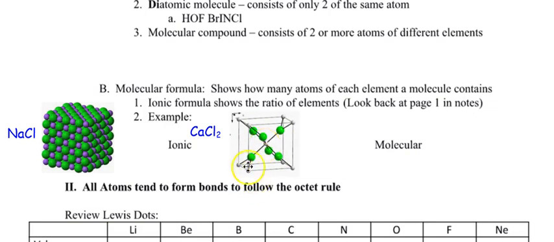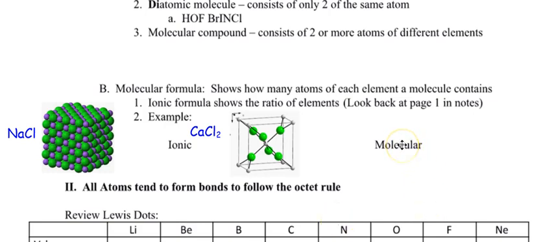So I have 2 here, 2 over here, 2 here, 2 down here, and 2 over here. So there are 2 chlorines for every 1 calcium, but they're still put together in an ionic formula. I don't have just 1 calcium and 2 chlorines in my crystal. The ratio is 1-to-2.